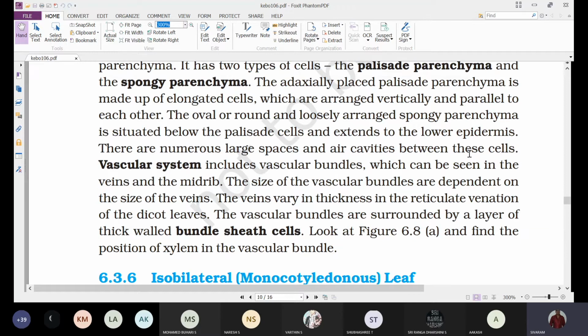So in the midrib we'll find larger vascular bundles, whereas the lateral veins usually possess small vascular bundles. So the veins vary in thickness in the reticulate venation of dicot leaves.